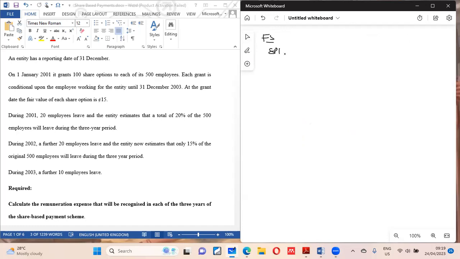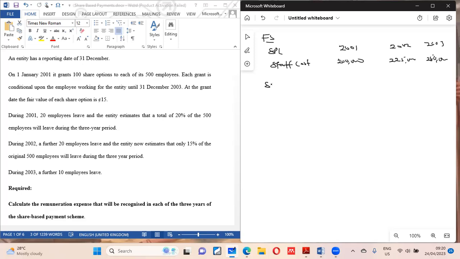In the SPL, you have 2001, 2002, 2003, and a staff cost. First one, we had 200. The second one is 225. Then this one is 250,000.